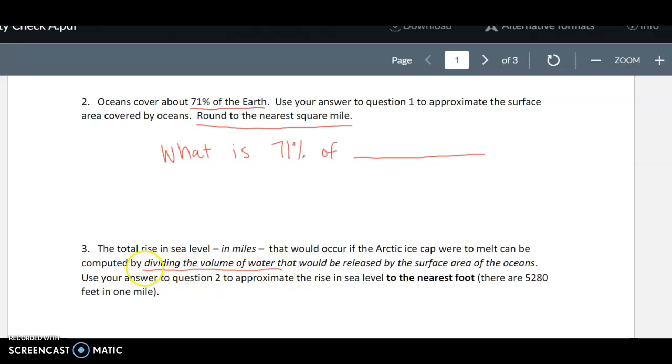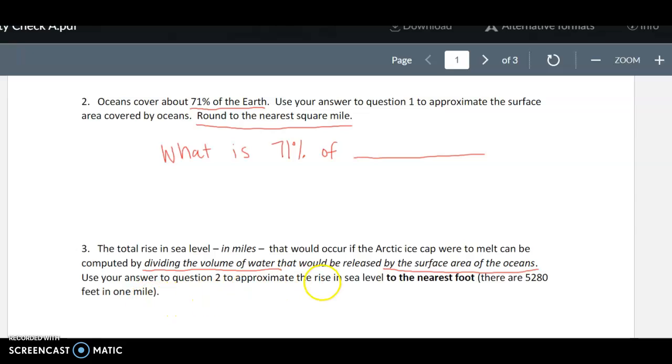Did we have that somewhere? I feel like we underlined that somewhere. The volume of water that would be released if the ice cap melted. So we're going to divide that volume of water by the surface area of the oceans. Hey, I feel like we just figured that out too. The surface area of the oceans is the number that you find in number 2. Okay, so you're going to divide those two numbers.